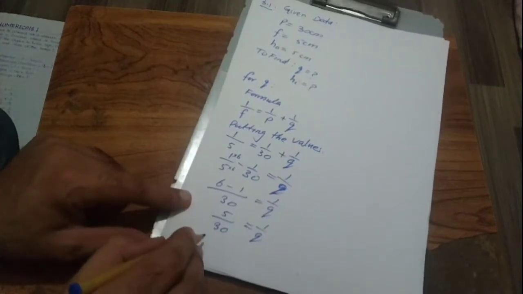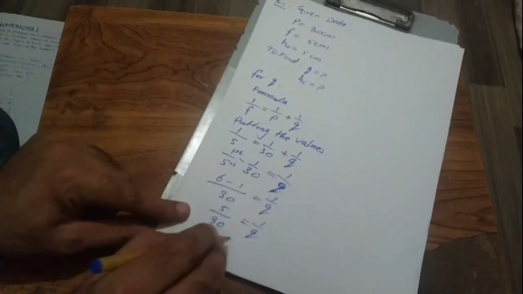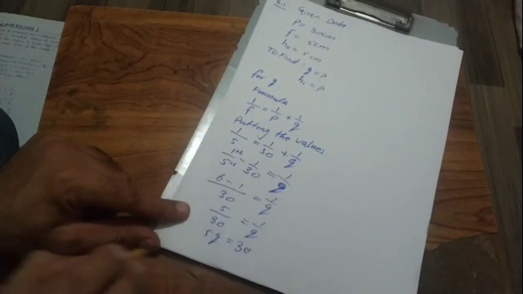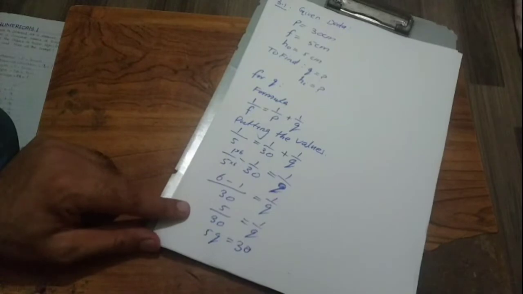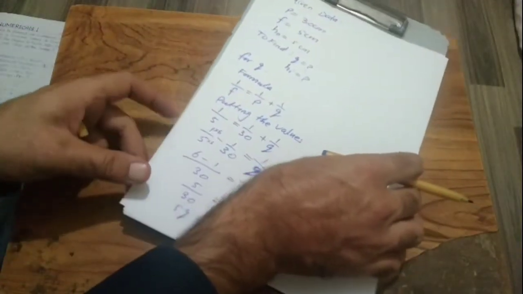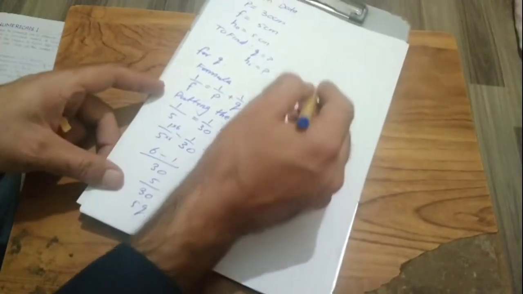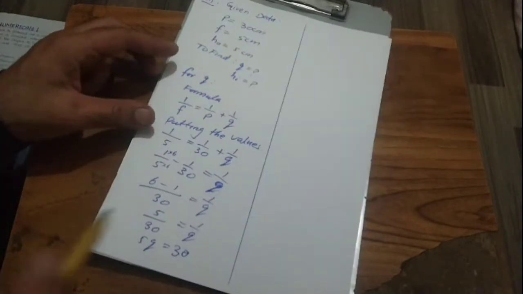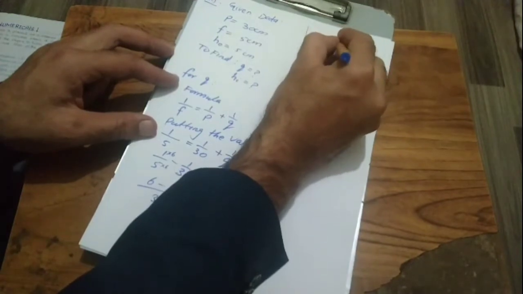So after cross multiplication, what will happen? 5q over 30. I hope this is clear. And the rest of the part I am solving over here for you. 5q is equal to 30.